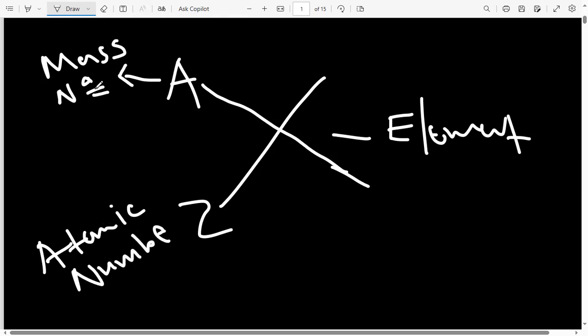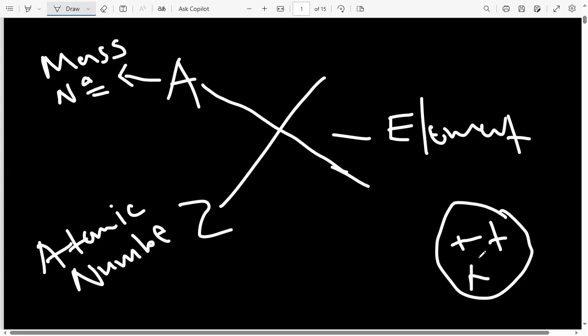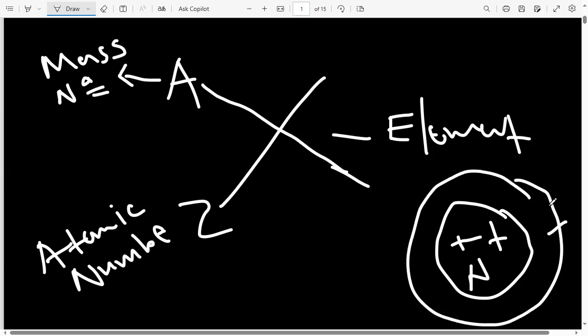Now, this mass number here is a combination of two things: the proton number plus the neutrons. If we go back to grade 12 and you draw those circles for electronic configuration, we said in the nucleus we have protons and neutrons, and surrounding this nucleus we have those electrons.